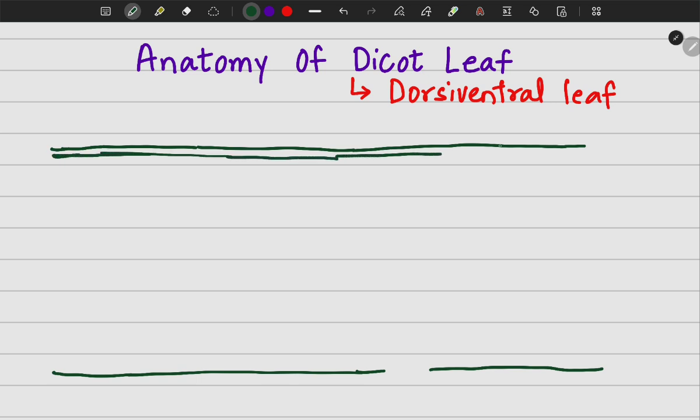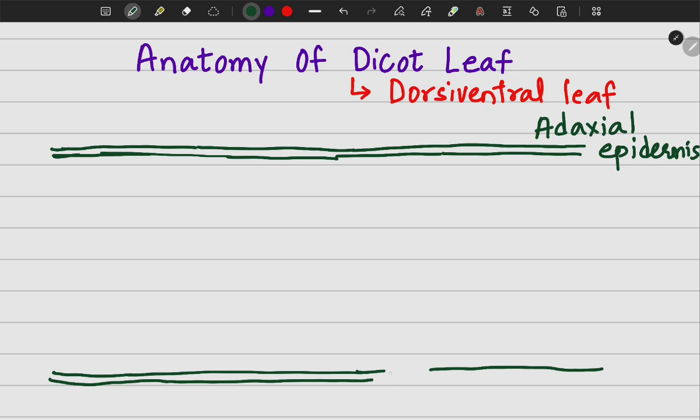The upper epidermis is also called adaxial epidermis, and the lower epidermis is also called abaxial epidermis.